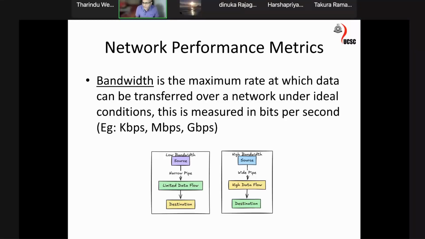You don't need to match the bandwidth between the two, though there are situations where you need to match. But most of the time, server-client architecture requires the server to have higher bandwidth and the receiver to have lower bandwidth.